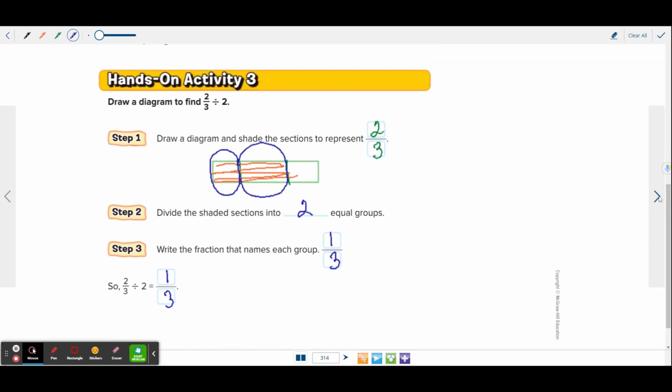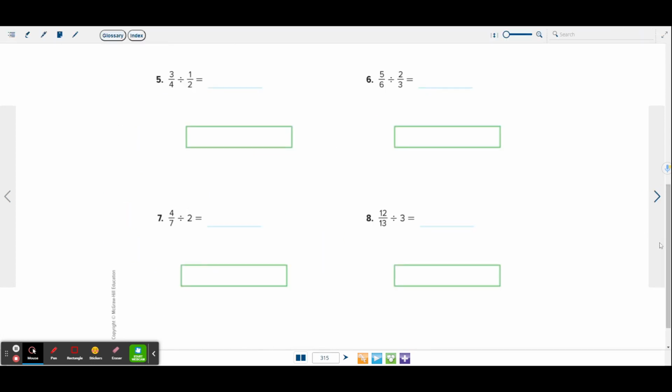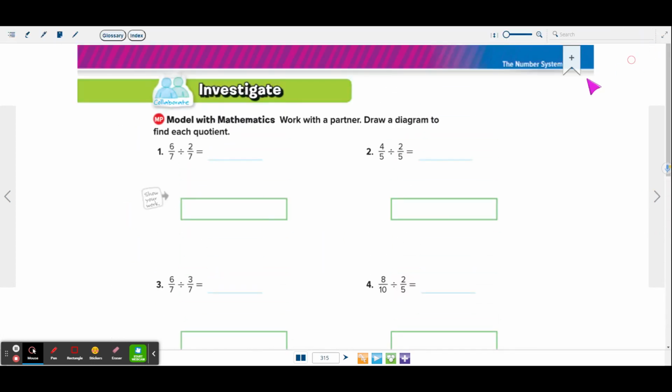All right, so I'm going to go to the homework page. Now on here, you're going to do the same thing. The denominator, this number, tells you how many sections. Okay, so that's, whoops, I'm trying to draw an arrow. That didn't look like an arrow. That's how many sections. I can't write today.